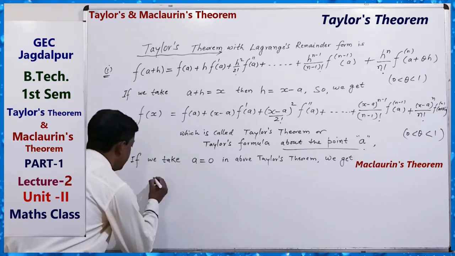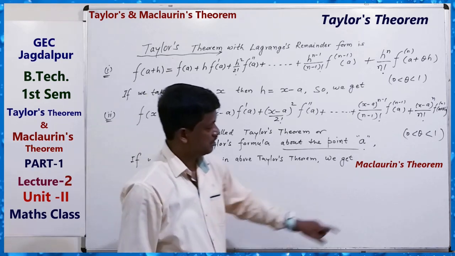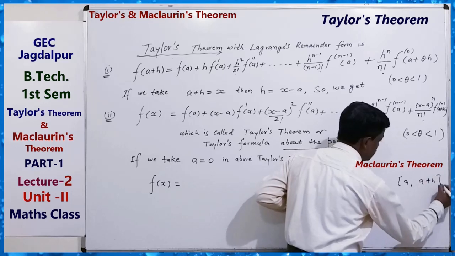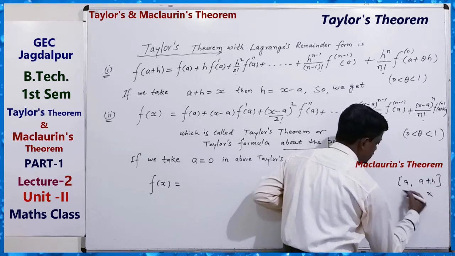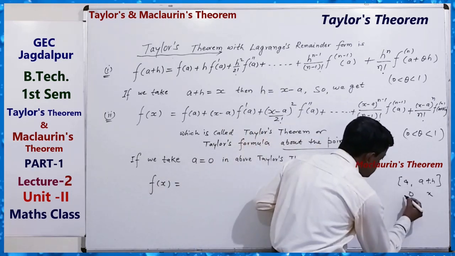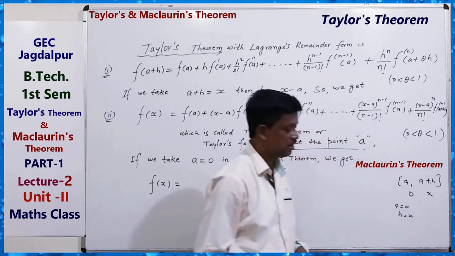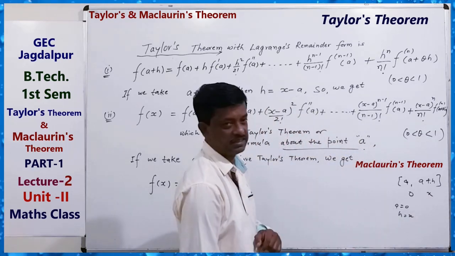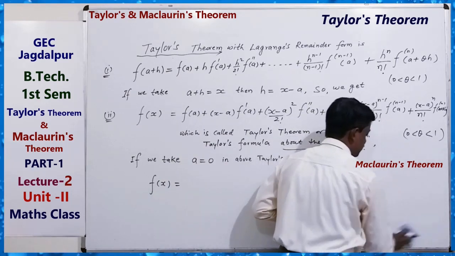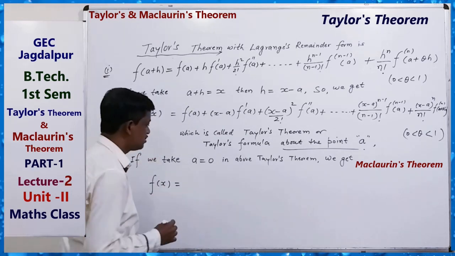We get f(x). Just the first point here. The interval is a plus h. Take it x and take it 0. That is, the meaning is a equals 0 and h equals x. h equals x. In this case, what is the format of this theorem? A very special theorem, that is called Maclaurin's theorem.